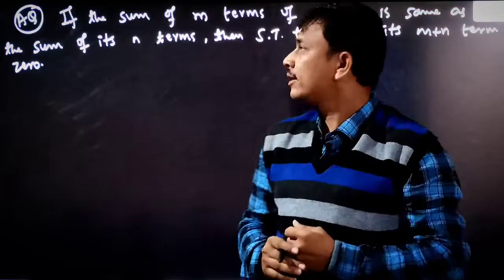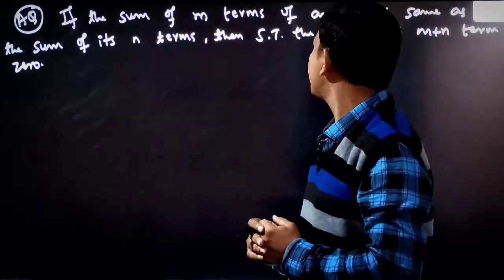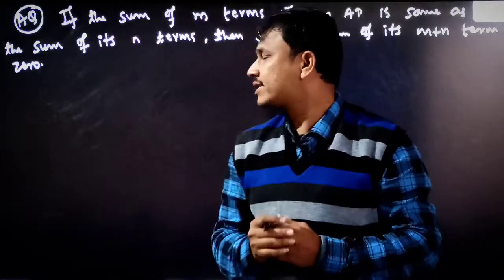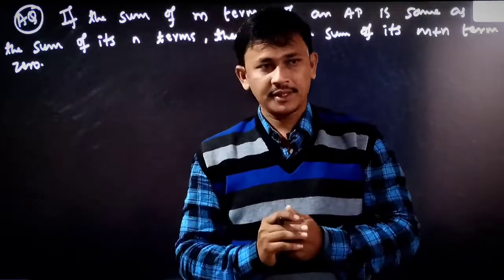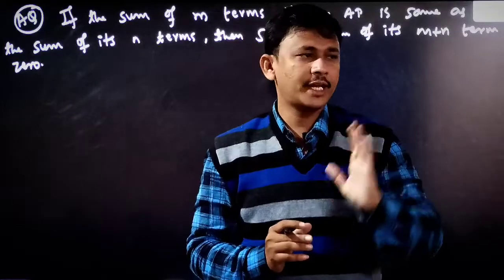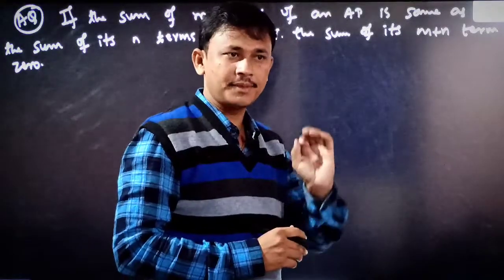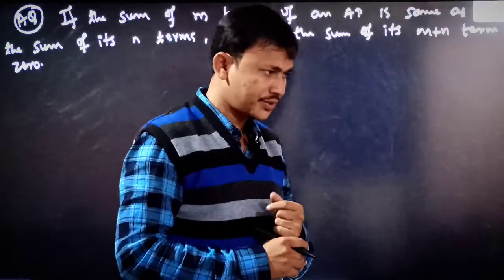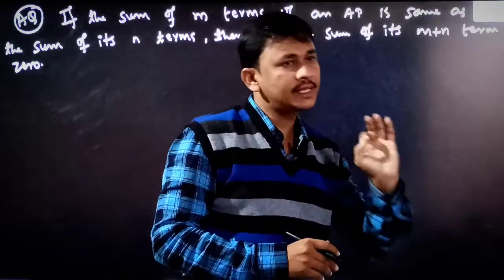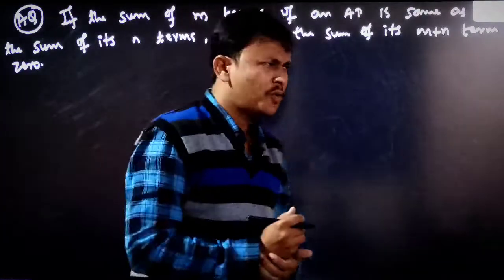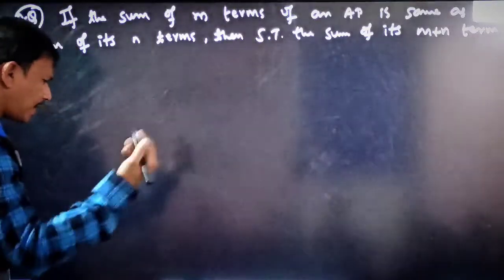One applied question. The question is, if the sum of m terms of an AP is the same as the sum of n terms, then we need to show that the sum of m plus n terms is 0. Understood? What is the meaning of sum of m plus n terms?